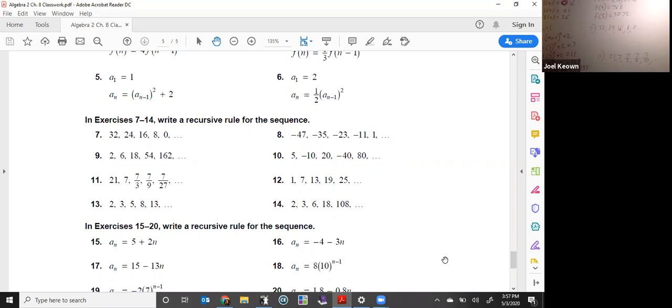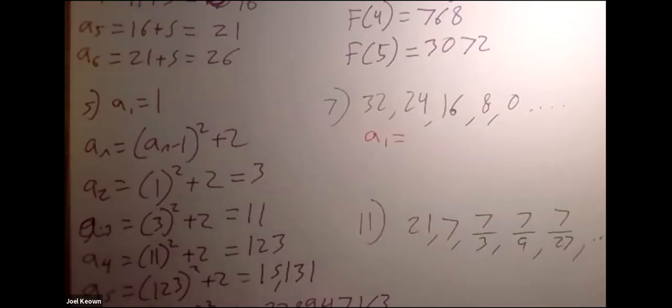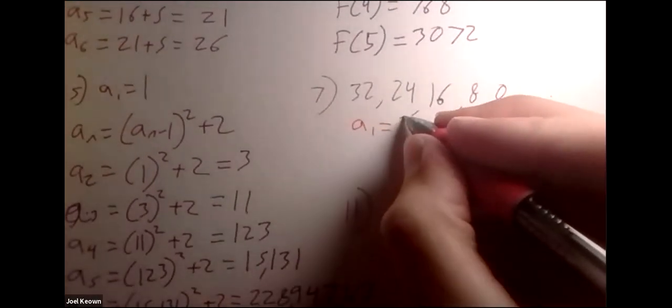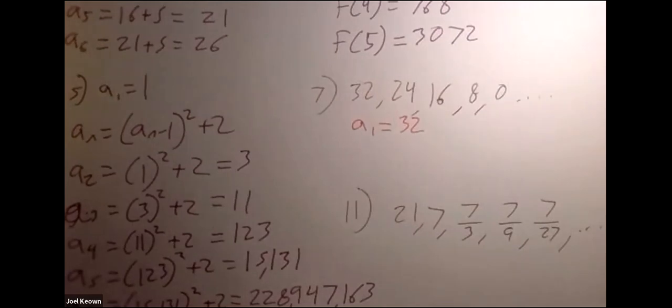So how do we go about finding the recursive formula? Well, we're always going to start our formula by writing a sub 1 equals the first term, which in this case is 32. So a sub 1 is 32. Okay, what's our pattern?